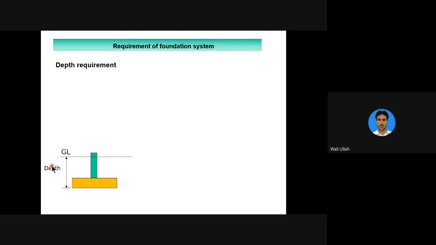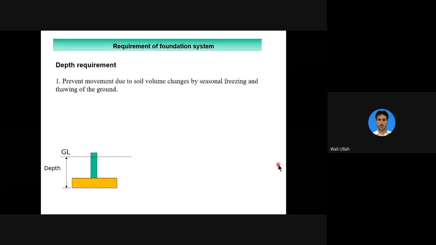So the first is frost. In areas where there is freezing temperature, the moisture in the topsoil freezes and there will be volume changes.